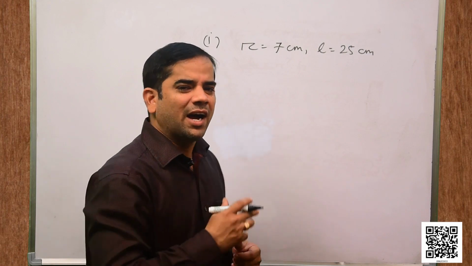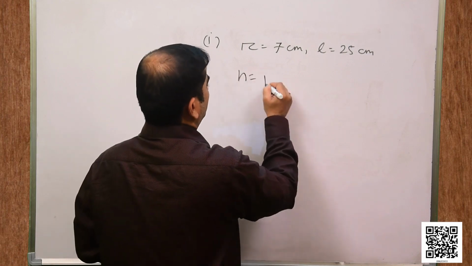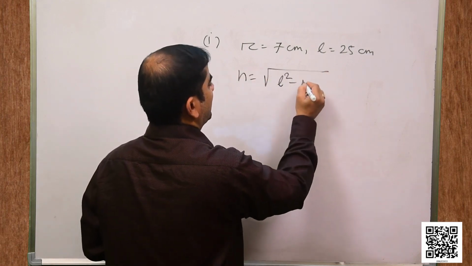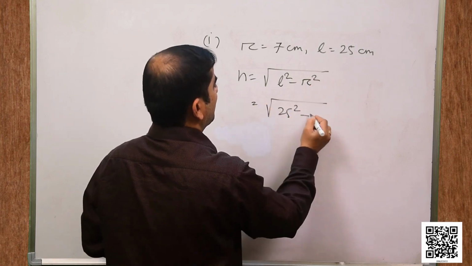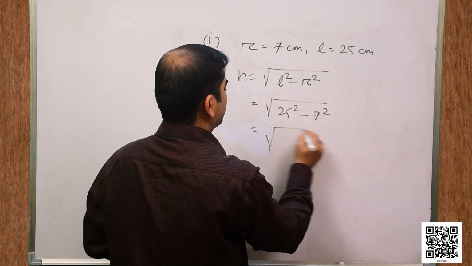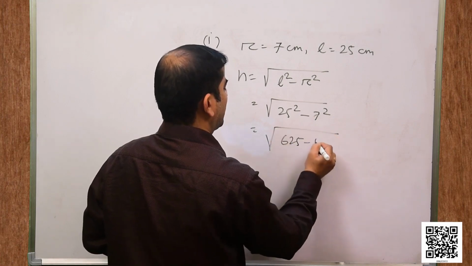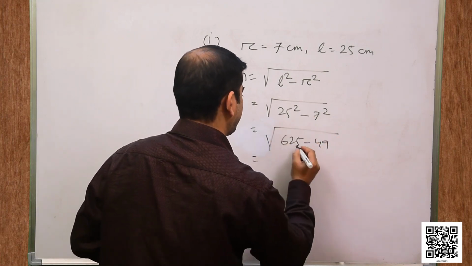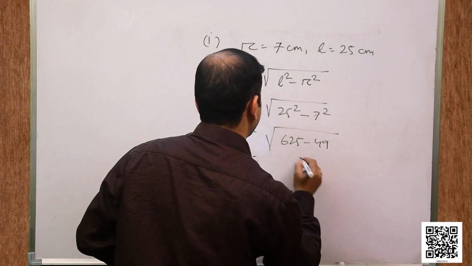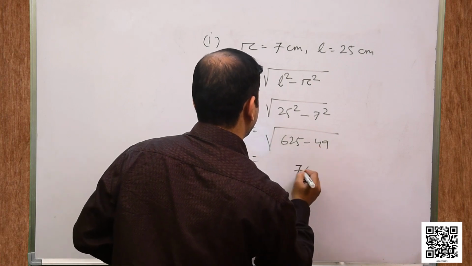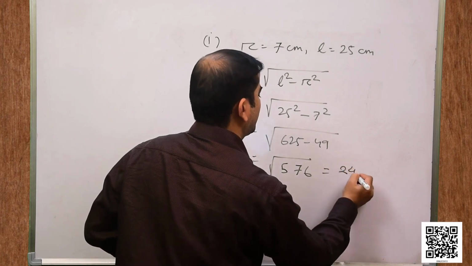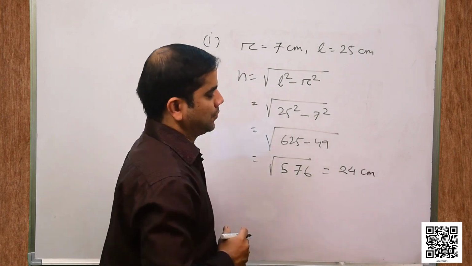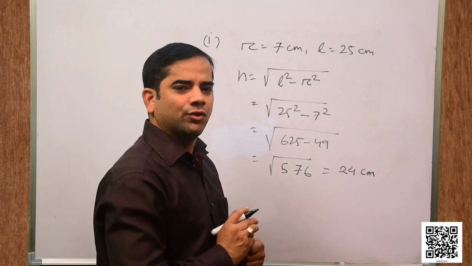So let us find the height. h is equal to square root of l square minus r square, that is square root of 25 square minus 7 square, that is 625 minus 49, square root of 576, that is 24 centimeter. So height is found to be 24 centimeter.